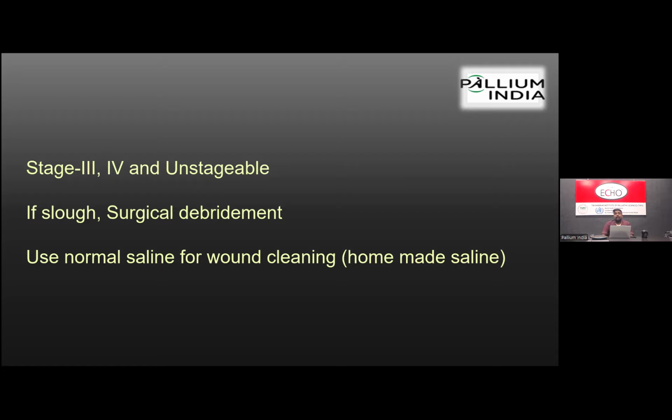We can apply Debridase ointment over the slough area and it will easily detach the slough from the wound bed. We can apply this Debridase in stage 3 or stage 4. But in unstageable, stage 5, the eschar is covering a thick slough only.